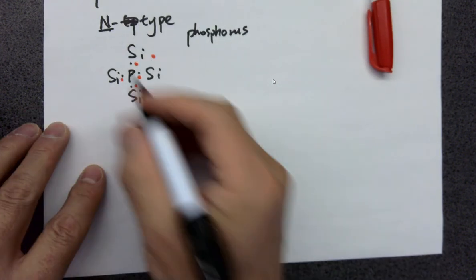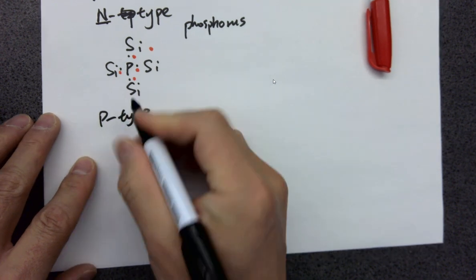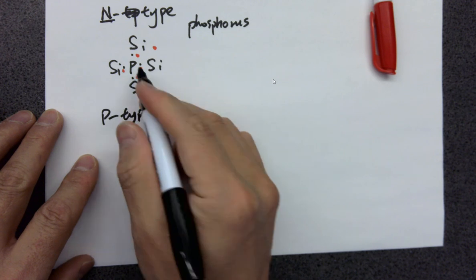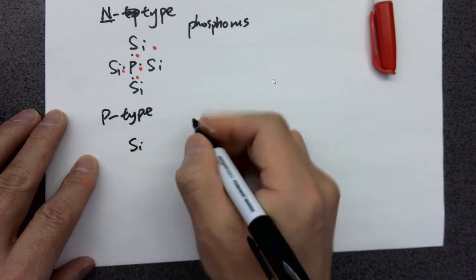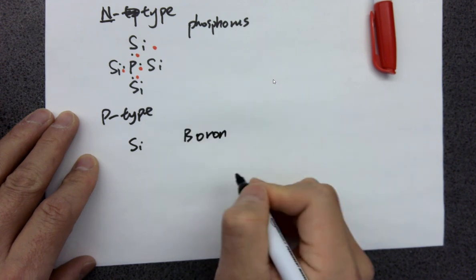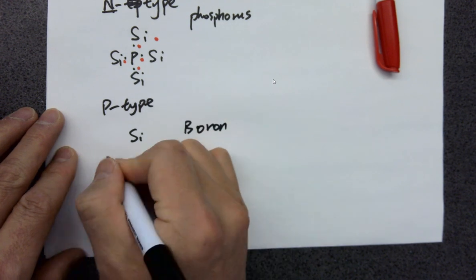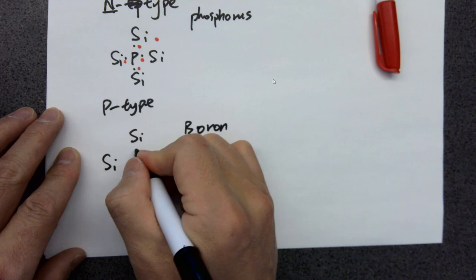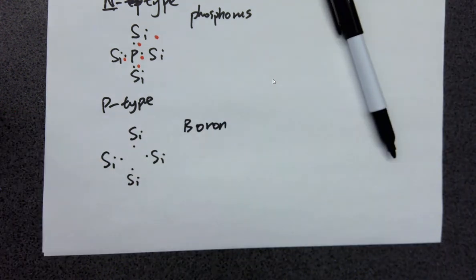Okay. For P-type, you are doping the silicon material with boron. Did I spell this right? So silicon has 4 electrons to form all these covalent bonds.